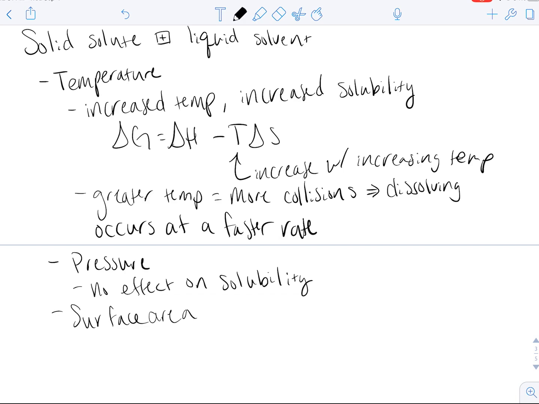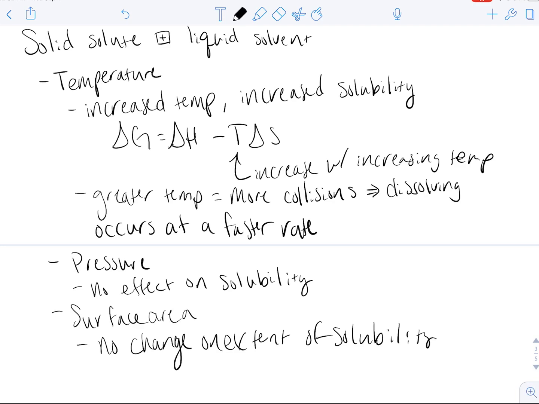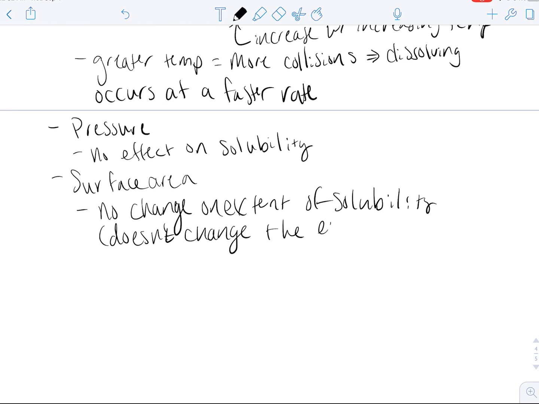We already talked about this, but there's going to be no change on the extent of solubility. It does not change the equilibrium solubility. But what it does is change the rate of dissolving.